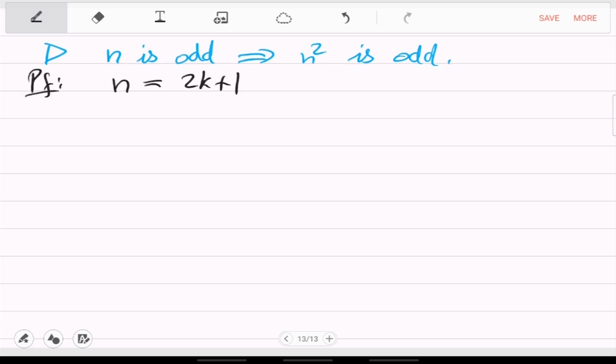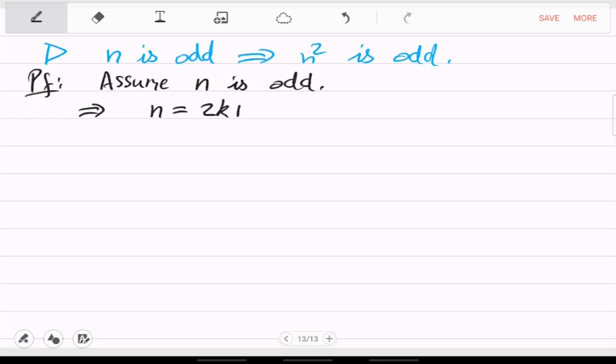That's the definition. So this is coming from the premise n is odd. Maybe I should write that. So assume n is odd, that's the premise. And from the premise and the definition, you get some k such that n is 2k plus 1.